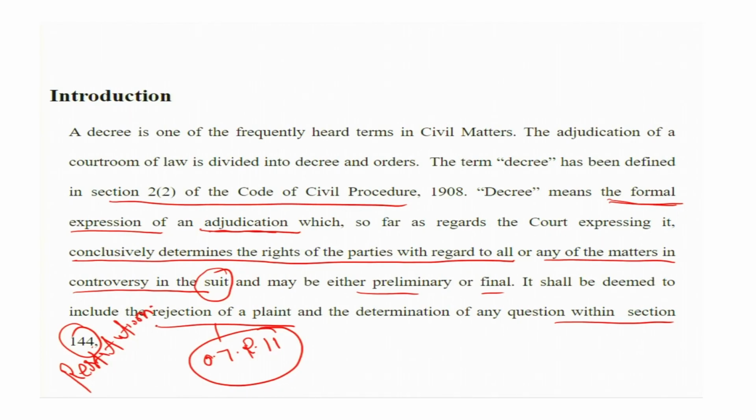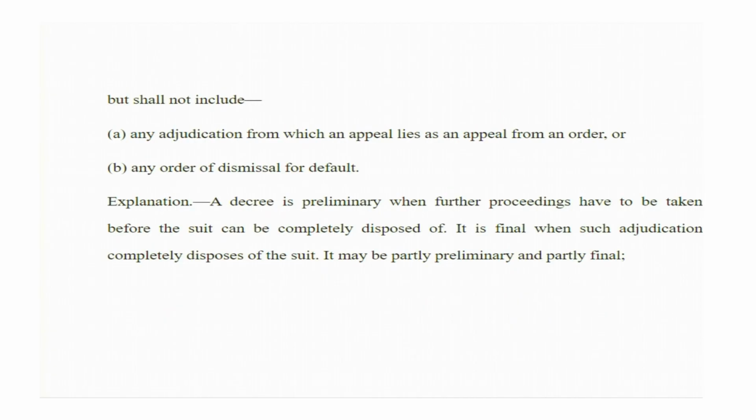So, this is also a decree, but what would not come in the definition of decree? Any adjudication from which an appeal lies as an appeal from an order. If you prefer an appeal in your case, then that decree is not final and that would not come within the purview of decree.